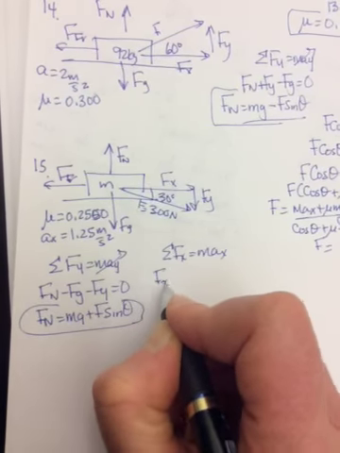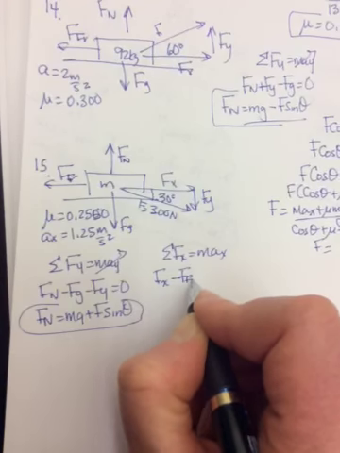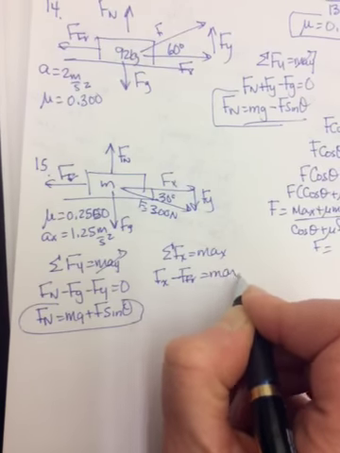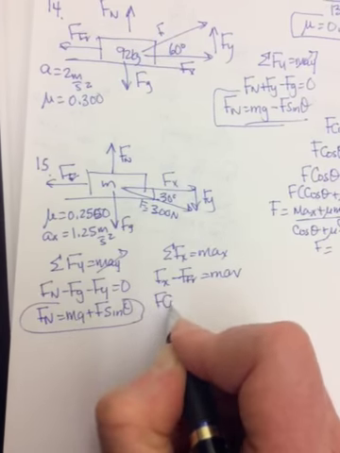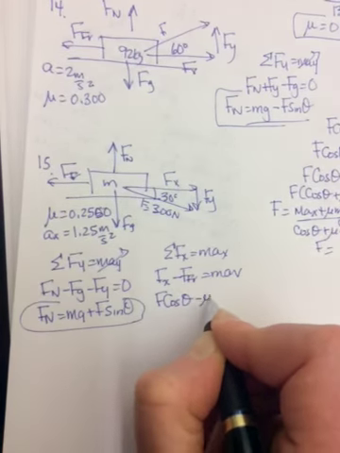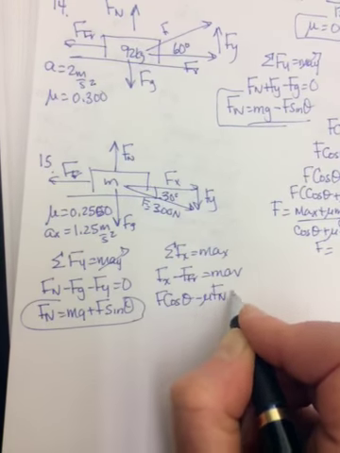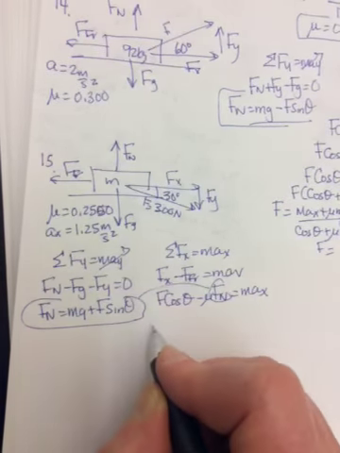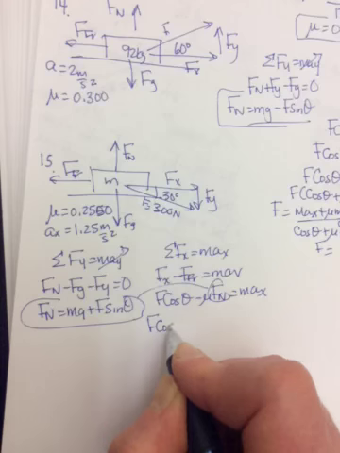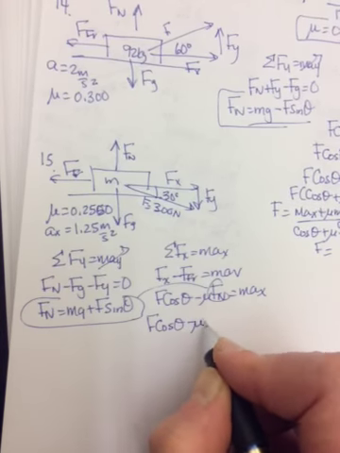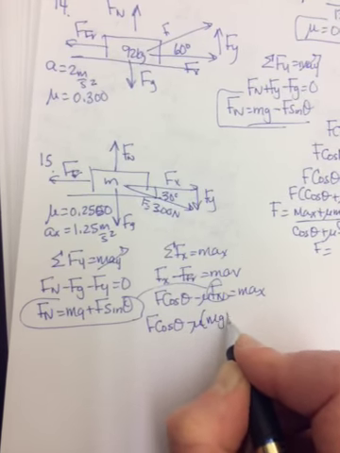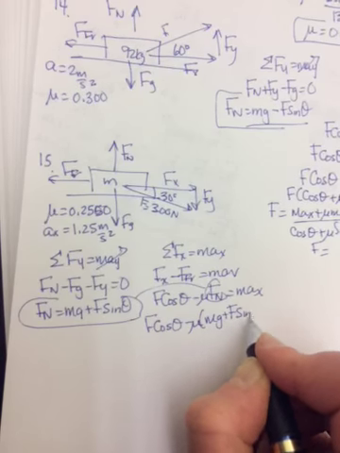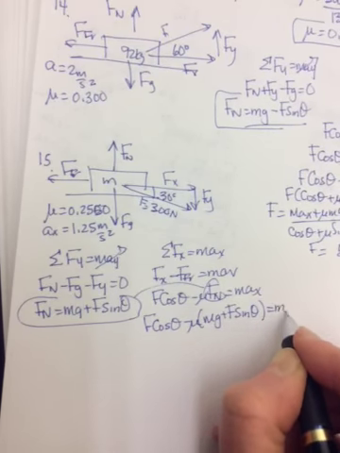So it'll be Fx minus friction is equal to m a_x. So it'll be F cos theta minus mu Fn is equal to m a_x. And now where the Fn is, we're going to sub this in. So it'll be F cos theta minus mu brackets mg plus F sine theta is equal to m a_x.